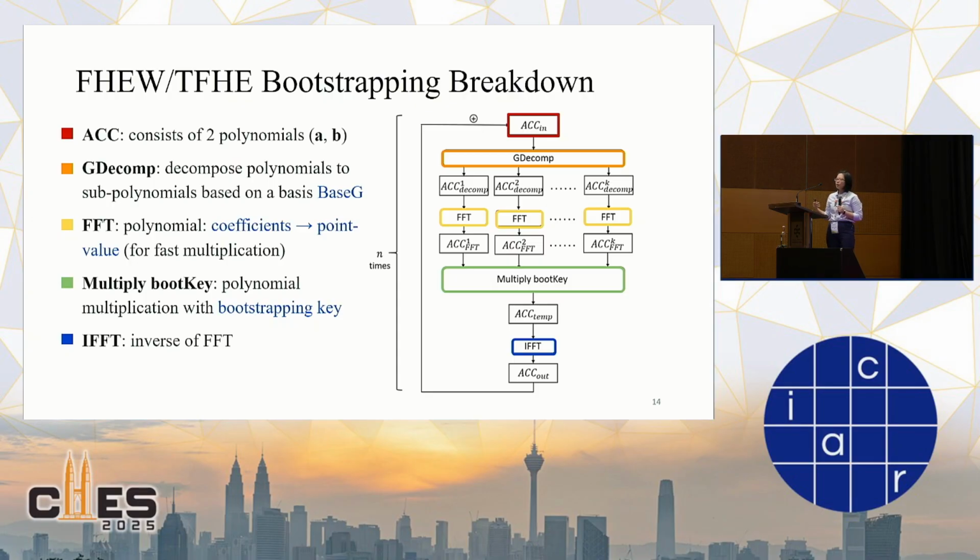G-decompose is a procedure that decomposes polynomials to control the noise during bootstrapping. FFT and IFFT perform the data representation transformation to enable efficient polynomial multiplication. Multiply boot key refers to polynomial multiplication between ciphertext and the bootstrapping key.